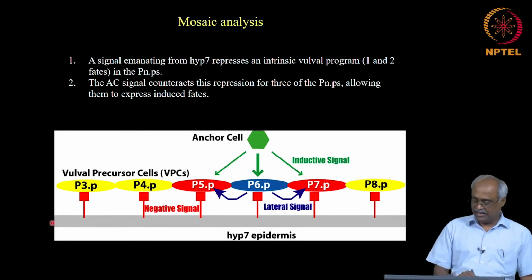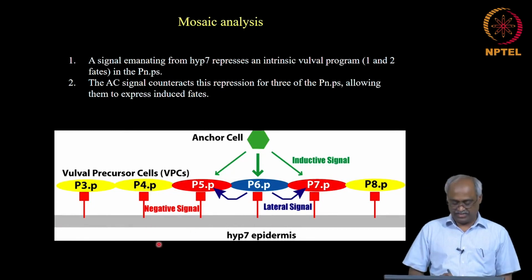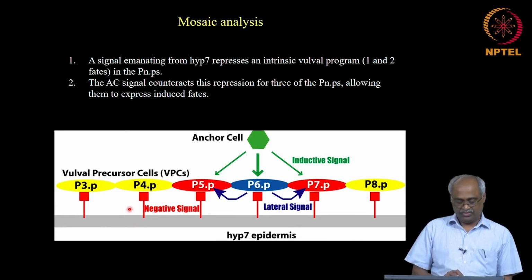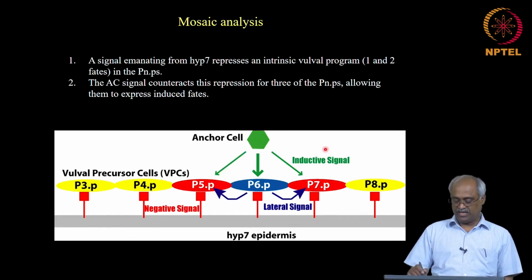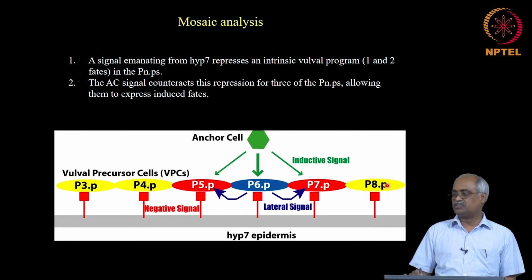There is underlying hypodermis from which there is a negative signaling that is making these cells not get induced at all, and you are temporarily relieving that negative signaling by the signaling from the anchor cell, which is stronger on P6, and as a result it becomes primary fate, slightly weaker here, therefore they become secondary fate, and therefore these alone are induced and these are not induced, because the negative signaling prevents it.